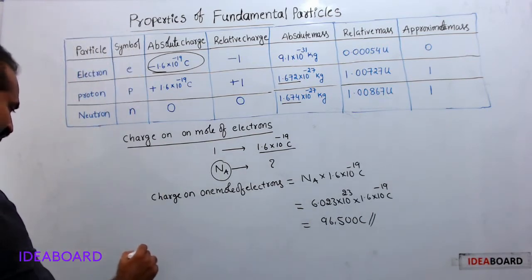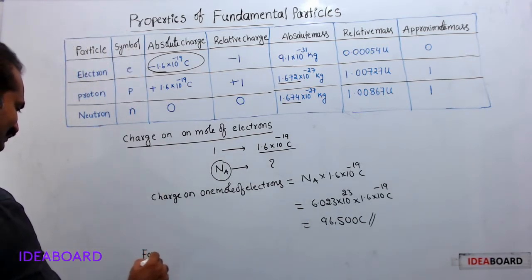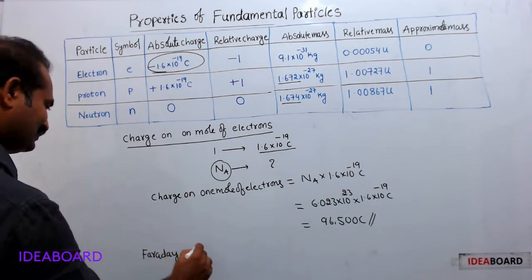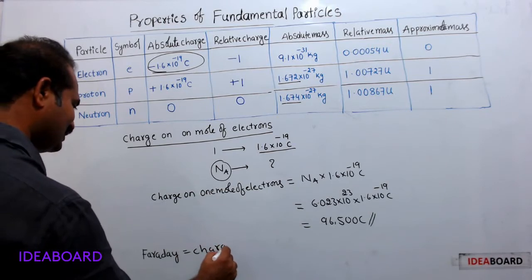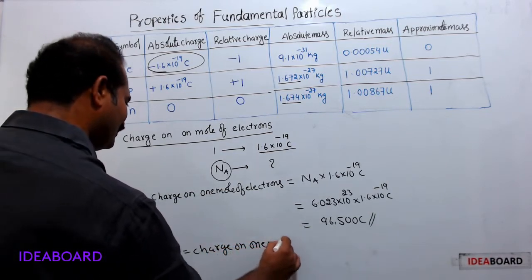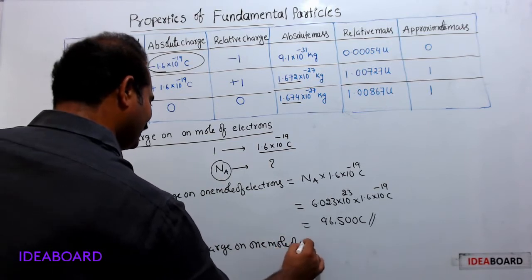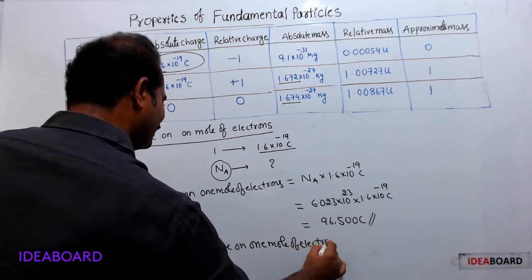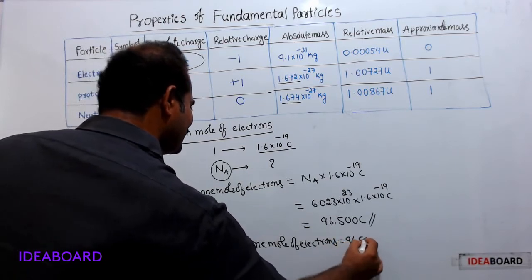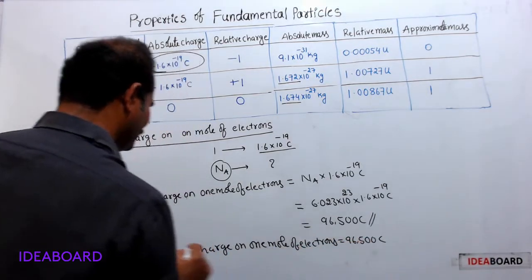Therefore, Faraday is equal to charge on 1 mole of electrons, which is equal to 96,500 coulombs.